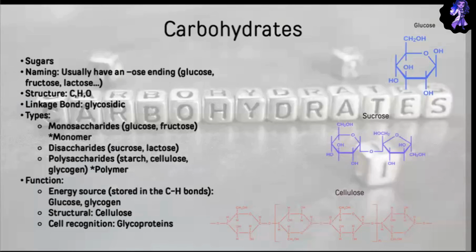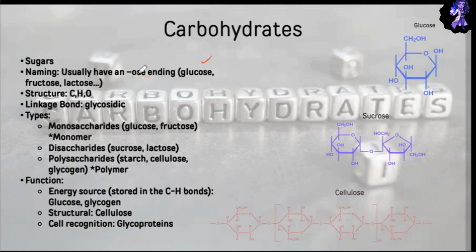Now let's talk about carbohydrates, which is the first macromolecule that you are expected to know. One of the big things you need to know is that when you're thinking about sugars, items like breads or any sort of fruit, they have sugars in them, which means that they have carbohydrates in them. If you're looking for common carbohydrate-related terms, you want to look for the ending -ose.